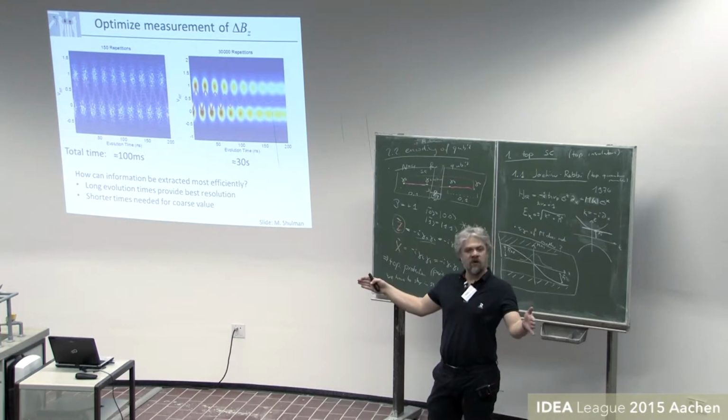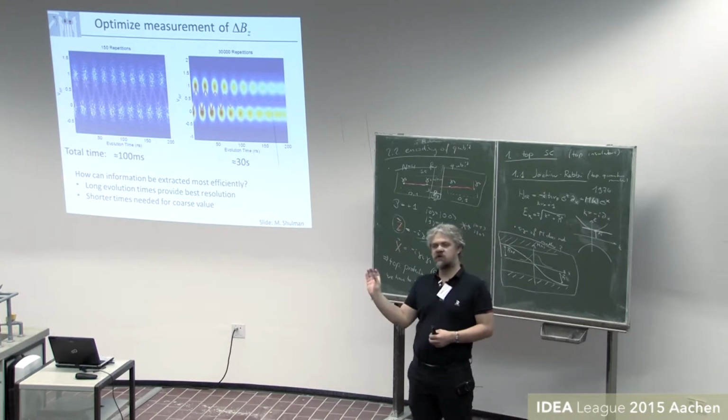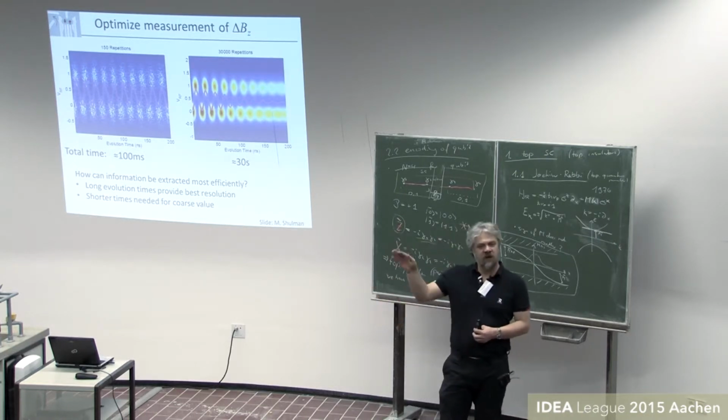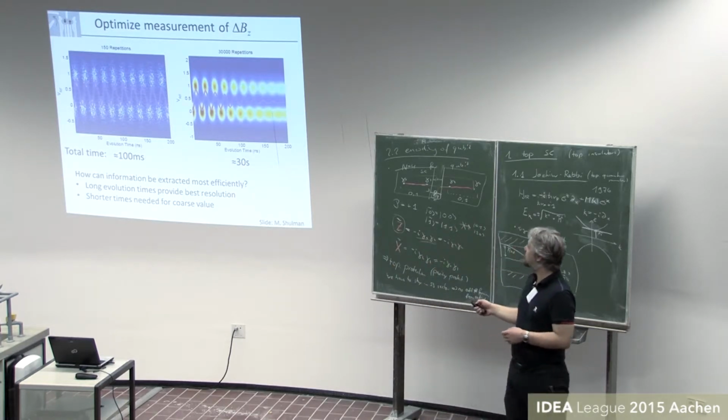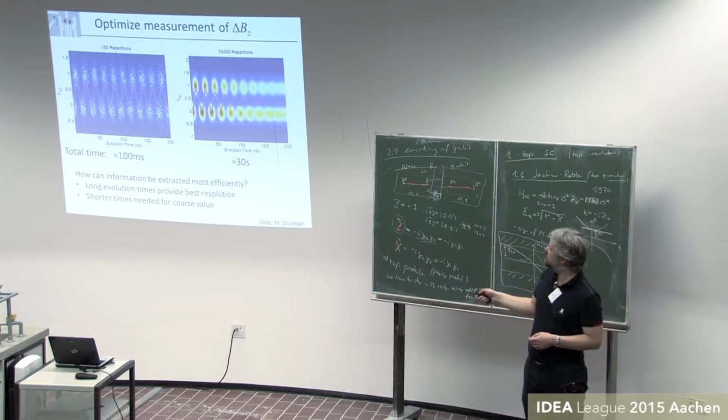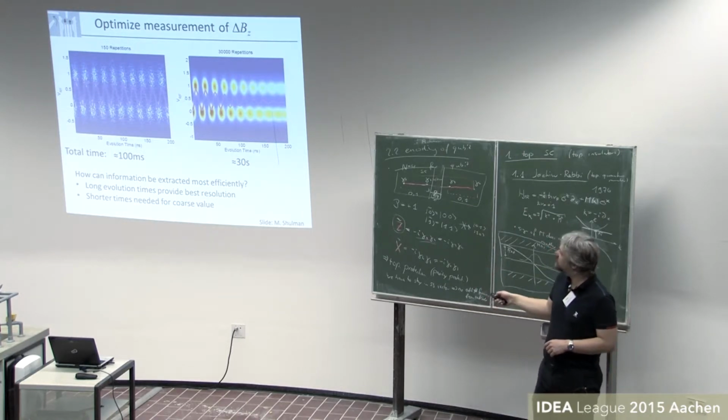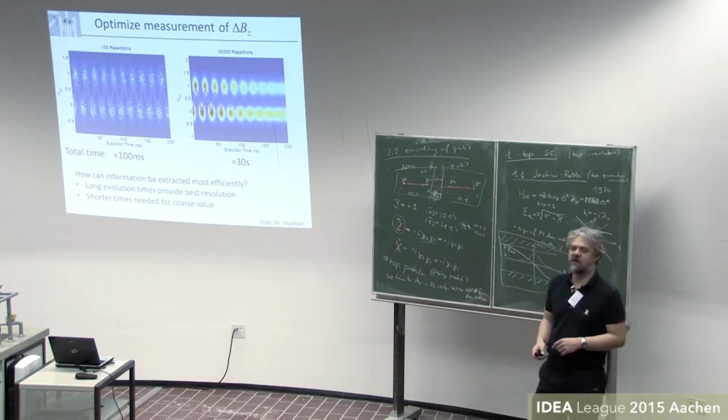If you let the qubit evolve for a long time, a small change in hyperfine field will lead to a large change in qubit state. On the other hand, if you just measure out here, you would lose track of how many oscillations have happened, so you would only get an answer modulo your periodicity. So you also need the short times here.